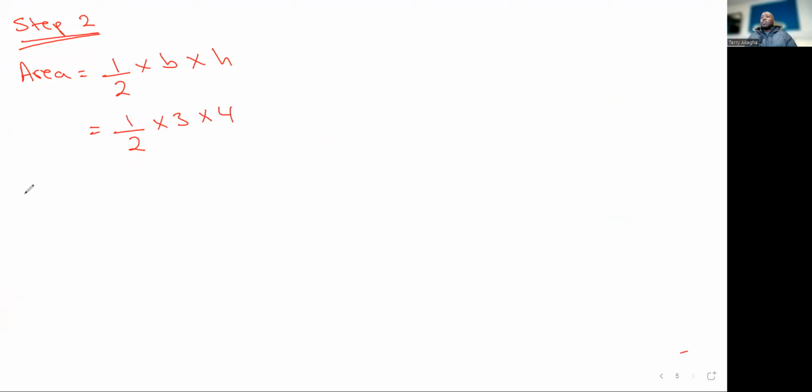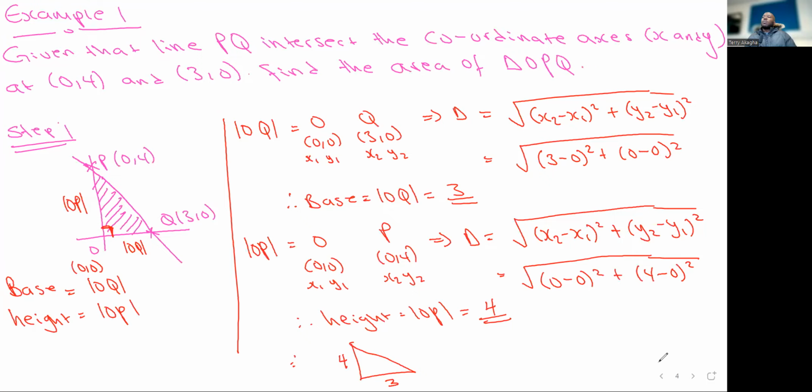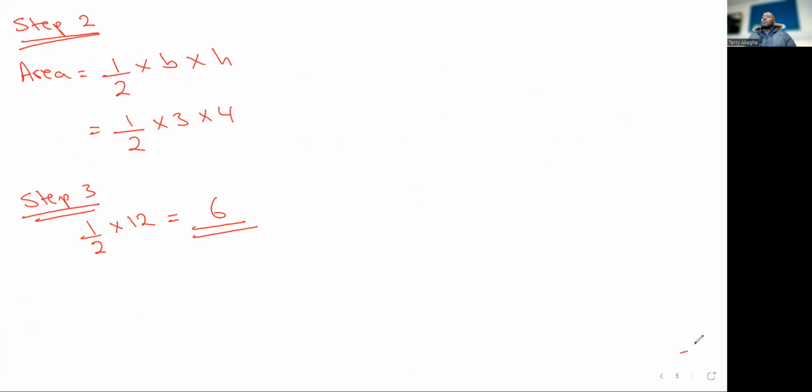Then step 3: this gives you 1 over 2 times 12, which is equal to 6. So the area of this triangle, enclosed by this line intersecting at these 2 points, is 6. Okay, so that will be that for that.